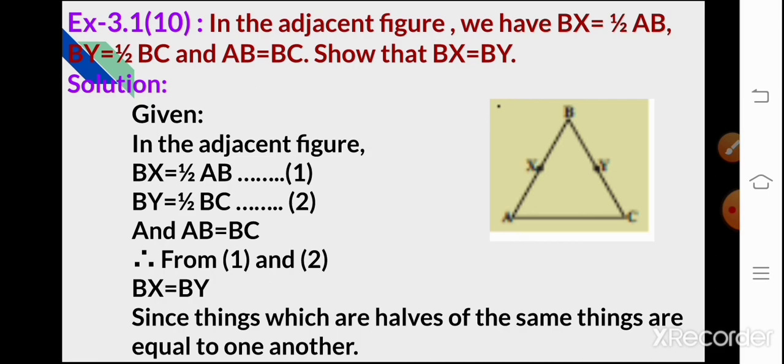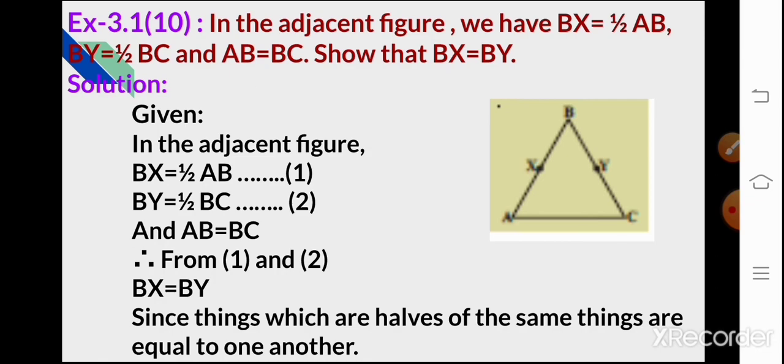Given in the adjacent figure, BX equals 1 by 2 AB. Call this 1. It means BX is half of AB. BY equals 1 by 2 BC. Call this 2. It means BY is half of BC.